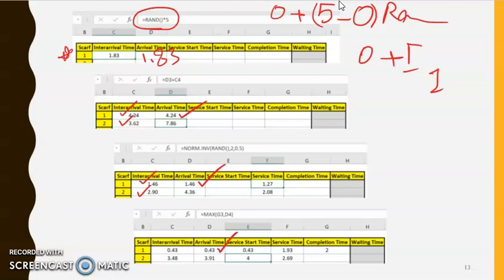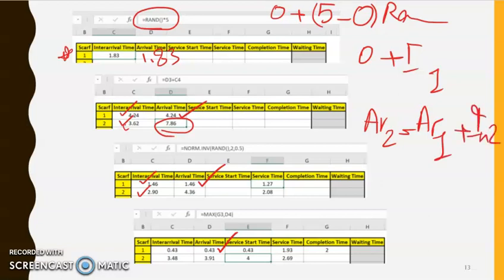And I'm going to show you these things with the Excel file, but it is necessary that we first review all these things together here. Another number that we need to talk about is this number, because now you know about this, this, and this one. Okay, here it is about the arrival time. What is the arrival time? It is the arrival time of 2. Arrival time of 2 is equal to arrival time of 1 plus inter-arrival of 2.